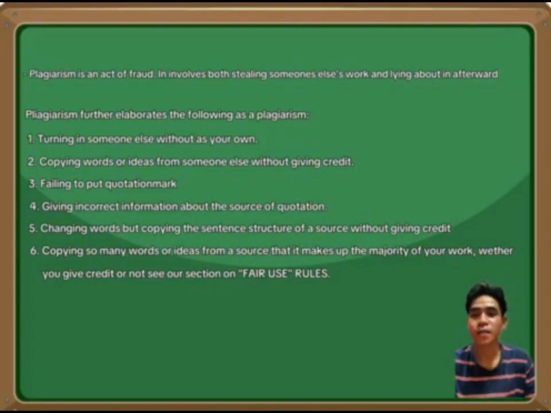Number 3 is failing to put quotation marks. Number 4 is giving incorrect information about the source of quotations. Number 5 is changing words but copying the sentence structure of a source without giving credit. Number 6 is copying so many words or ideas from a source that it makes up the majority of your work. Whether you give credit or not, see our sections on fair use rules.